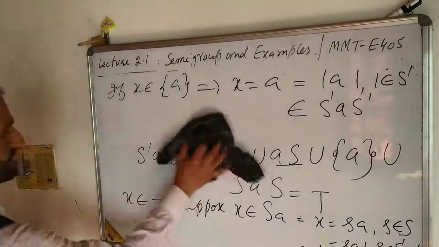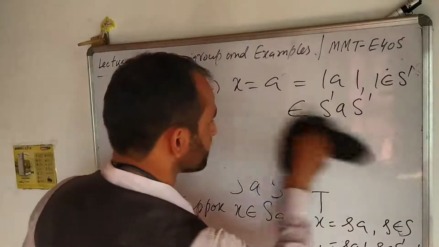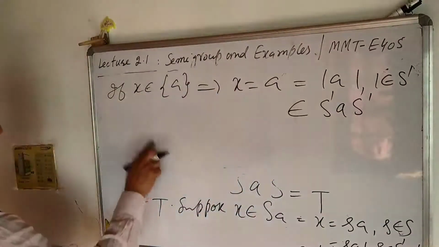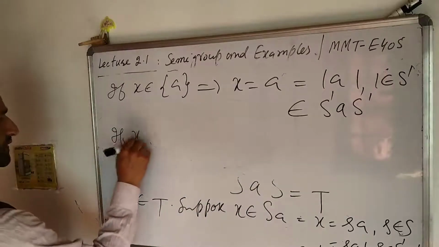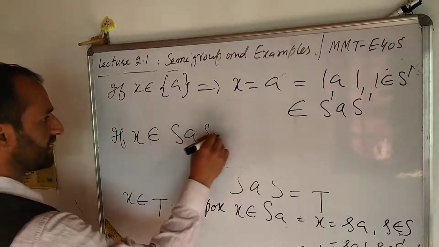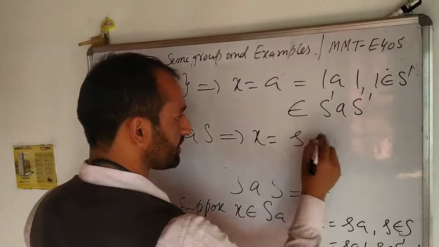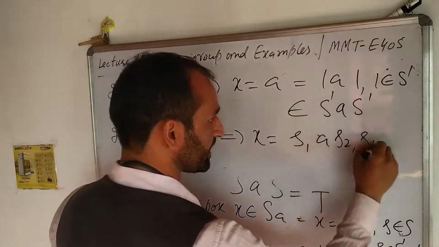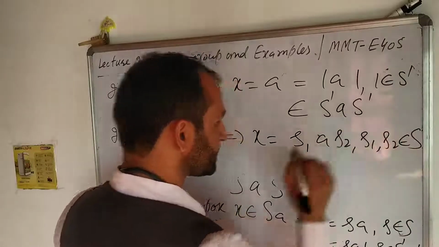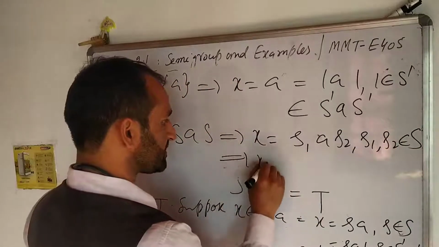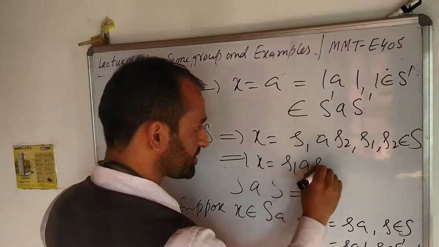Now the last case, if X belongs to SAS, it means that X is equal to S1A S2, where S1 and S2 belong to S. So X is equal to S1A S2.